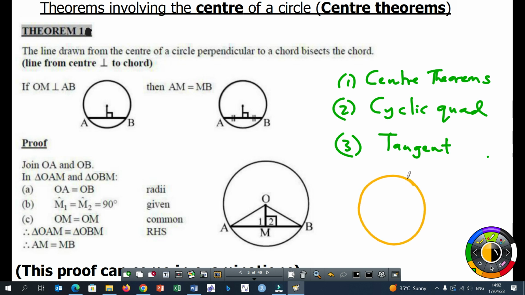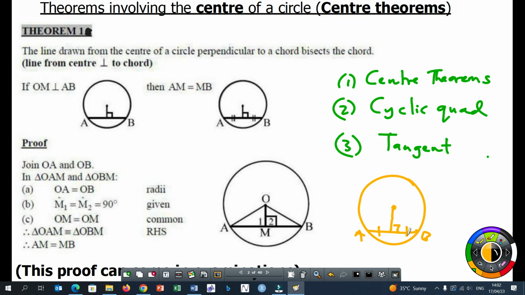If I draw a circle, with a center here, and a chord, maybe you can call this AB, as long as I draw a line which originates from the center and is perpendicular to that chord, that line will bisect that chord.